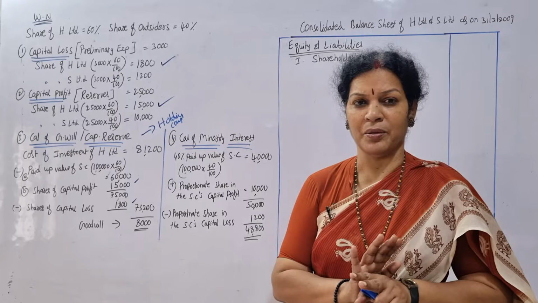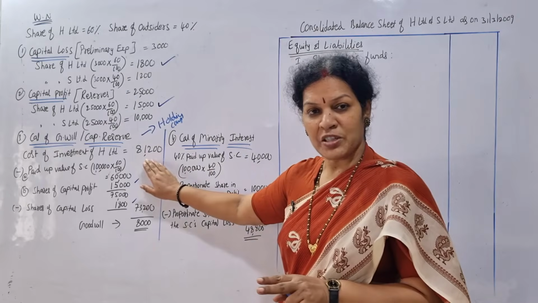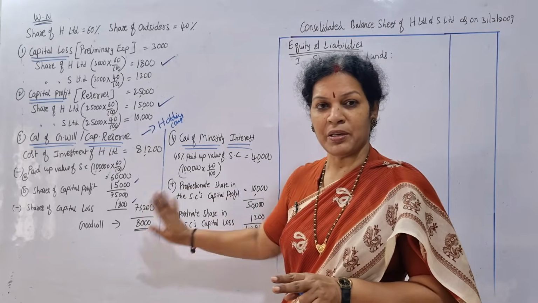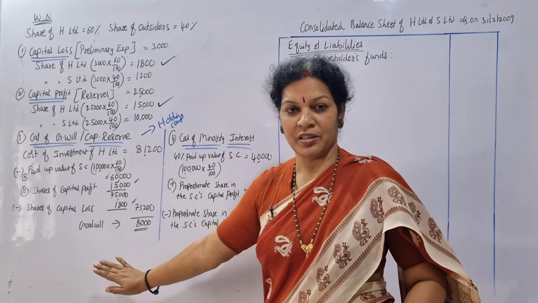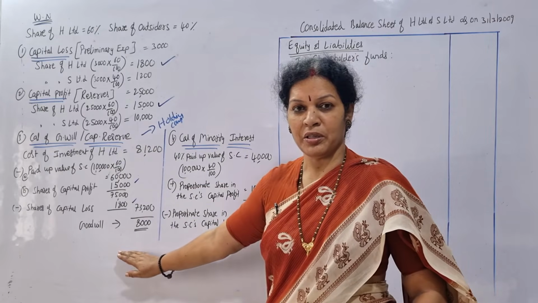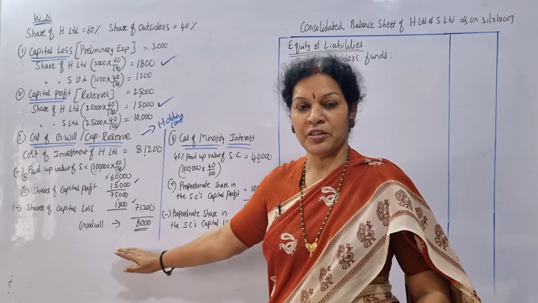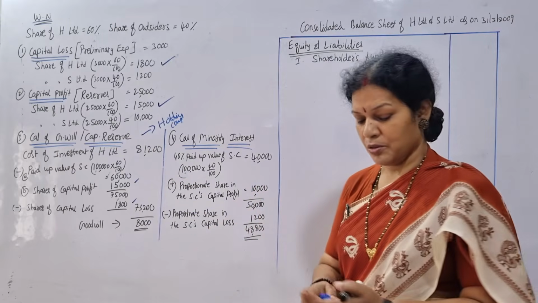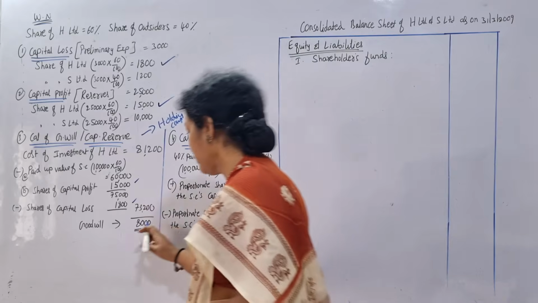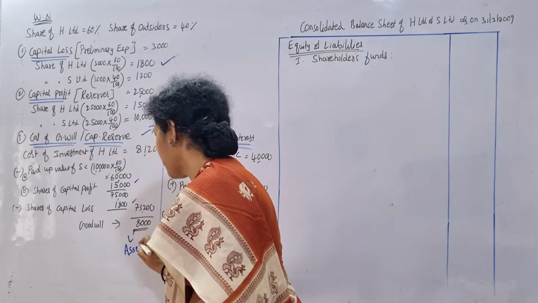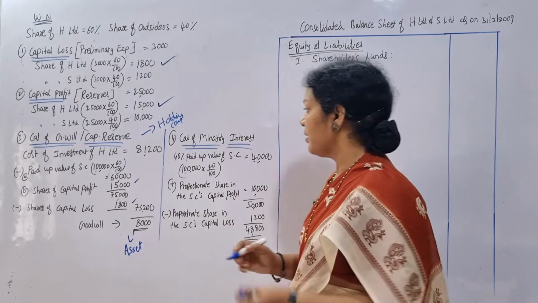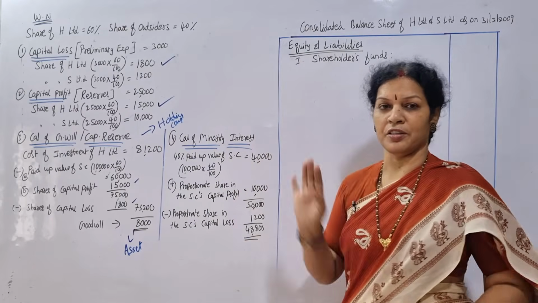But in this problem, our investment is more, share capital is less, so you got a goodwill. Am I clear on this? Goodwill will be shown in the consolidated balance sheet as an asset, an intangible asset.